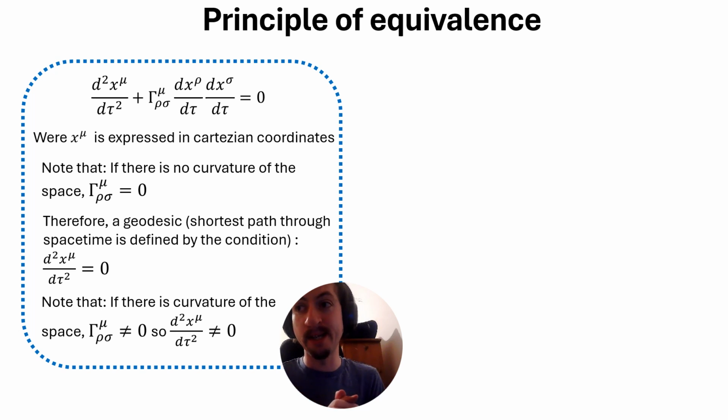Essentially that freely falling motion through a gravitational field is indistinguishable from an object not accelerating at all, and feeling no resultant force acting on it.